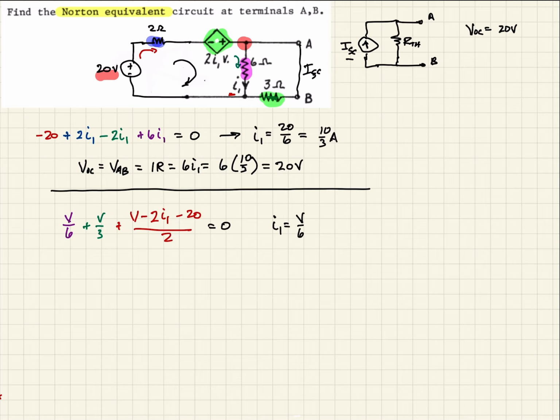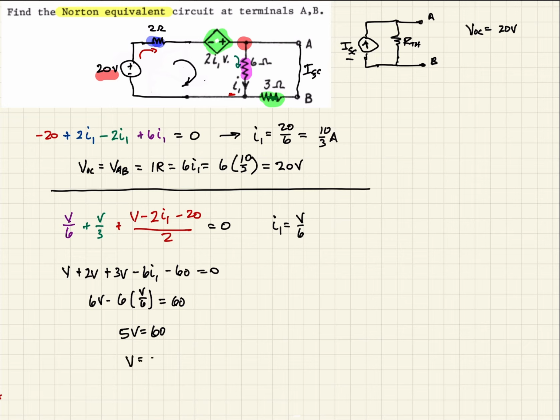So with that, we can rewrite this then, multiplying through by 6, as V plus 2V plus 3V minus 6I1 minus 60. And that should all equal 0. So then we'll have 6V minus 6 times V over 6 is equal to 60, or 5V equals 60.